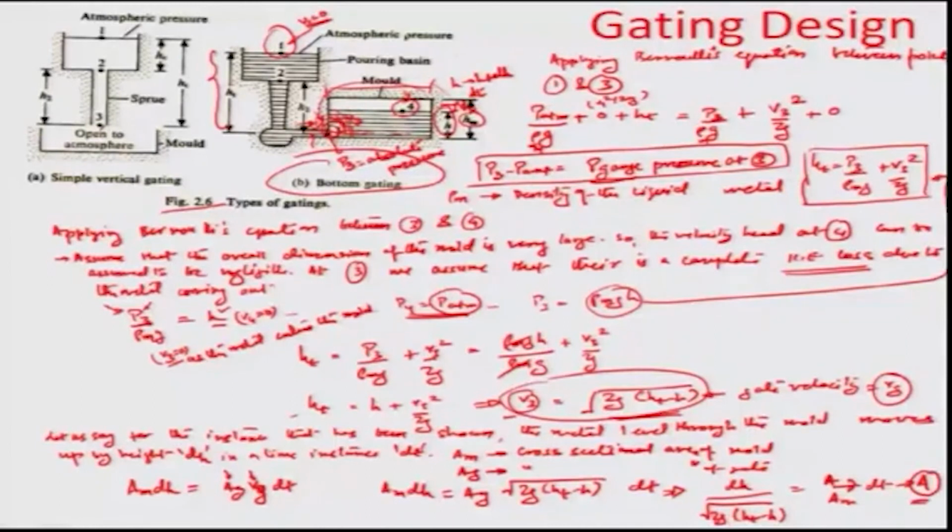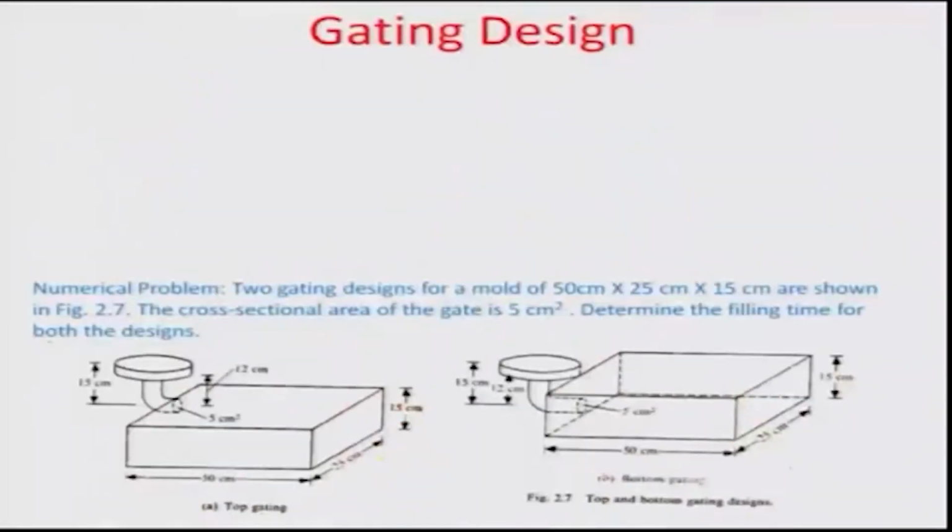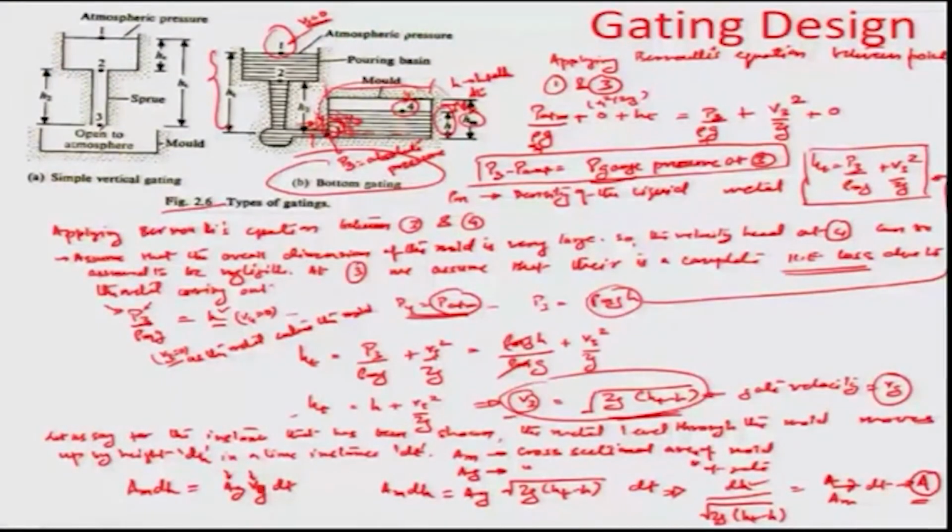If we solve this equation, I should be able to get a relationship for the height versus time, from which I should be able to further find out the time of filling of the mold. So, let us integrate this equation on both sides, 1 by root 2g taken common, from 0 to the height of the mold H_m. Remember, the overall height that would result from this dH addition is ultimately the whole height, given by the height of the mold H_m.